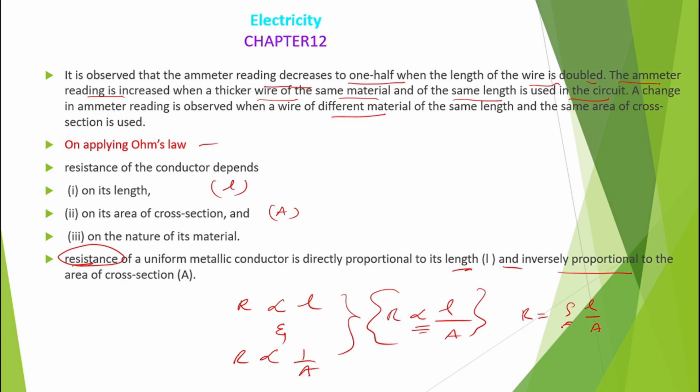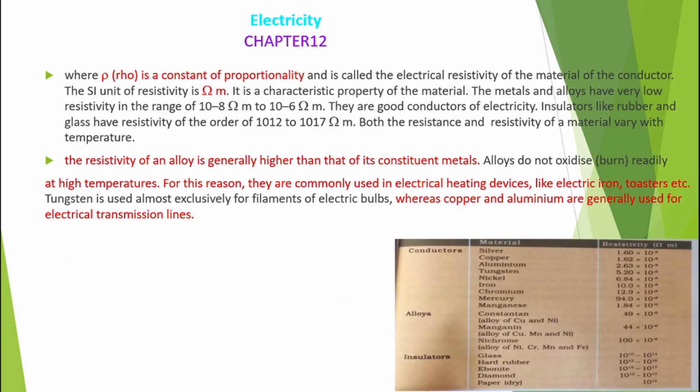This is called rho. Okay, this is the proportionality constant, where rho is a constant of proportionality and it is called the electrical resistivity of the material. So we have considered now one resistance, which is opposing the flow of current.